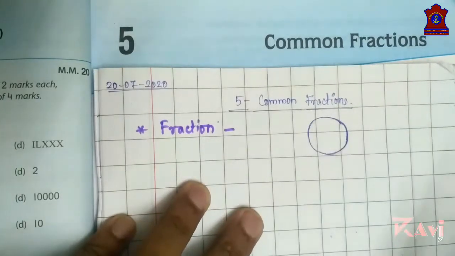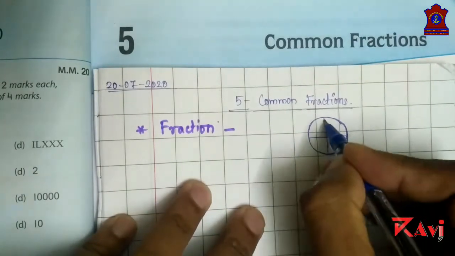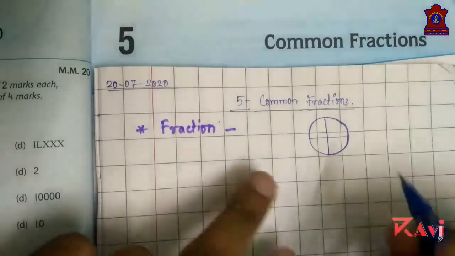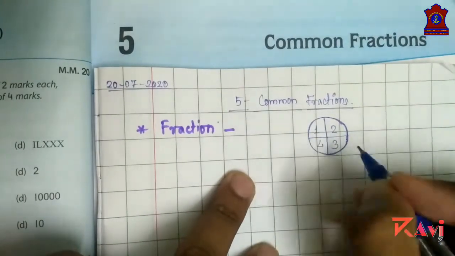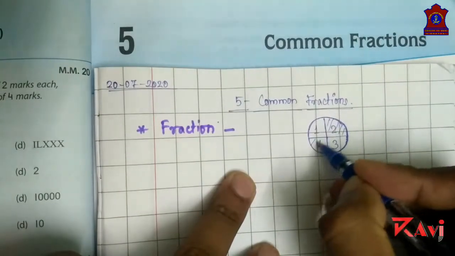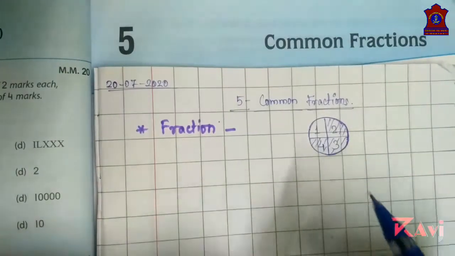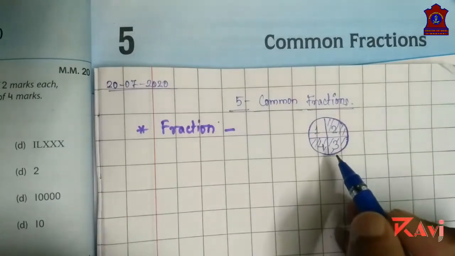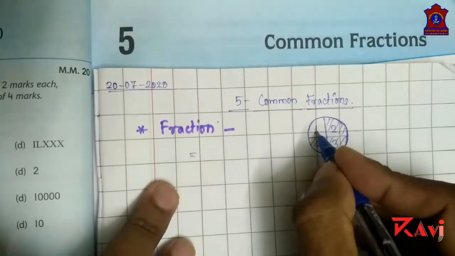If I divide the circle into 4 equal parts, how many parts are there? Part 1, part 2, part 3, part 4. If anybody is asking what is the fraction of the unshaded part, you will be saying out of 4 parts, 1 is unshaded.